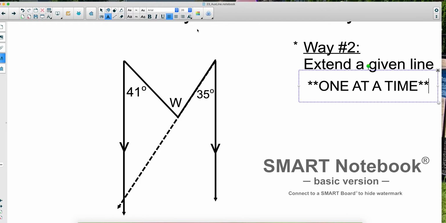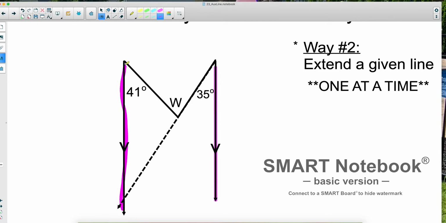Okay. So now once I did that, I take a look. And again, I'm big into highlighting. So here are my parallel lines. Okay. Here's my transversal. That means that these are my alternate interior angles. So I have alternate interior angles, and I'm going to just mark them here and here.